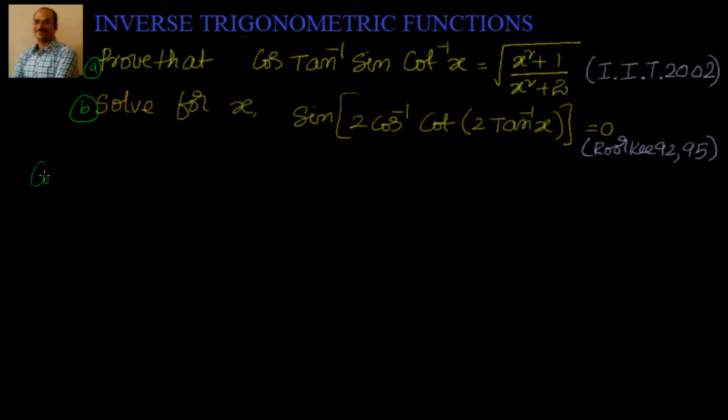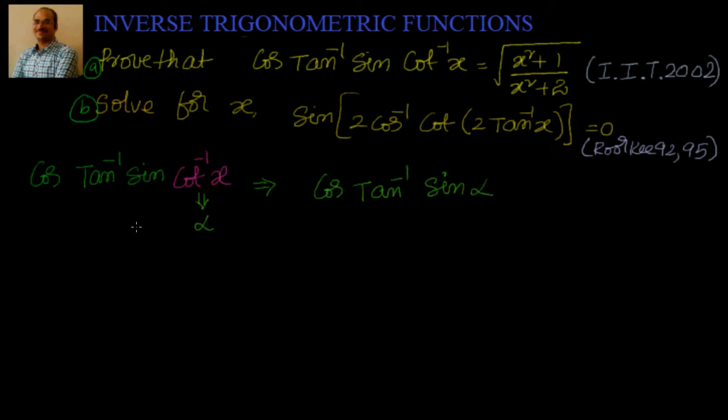I will write it as cos of tan inverse of sine of cot inverse x. I'll put this in another color so that you will understand. Cot inverse x, I will take as alpha. So cot inverse x is alpha.